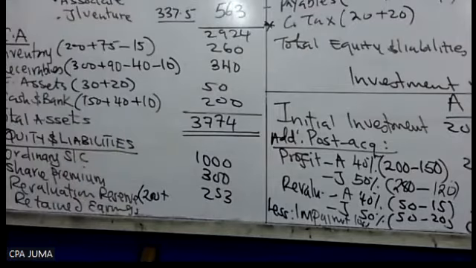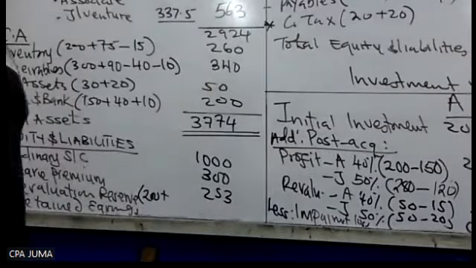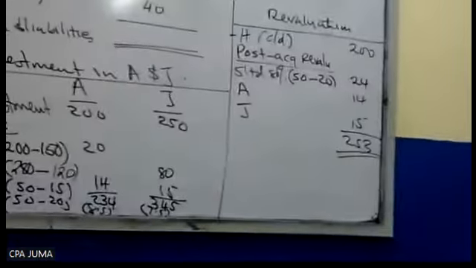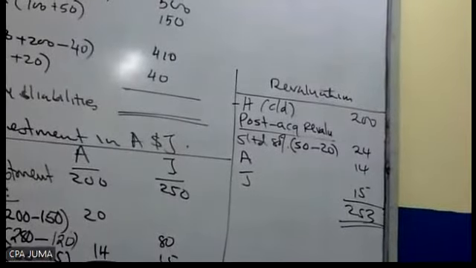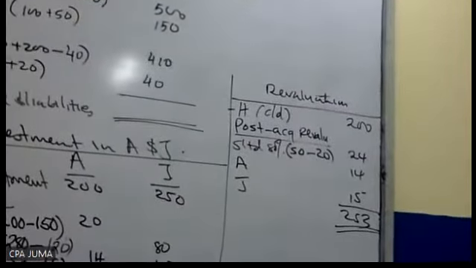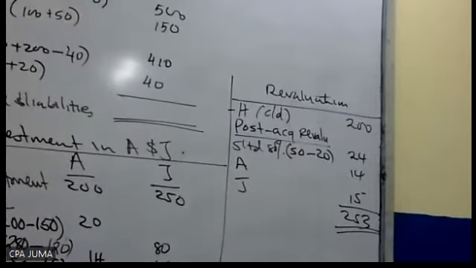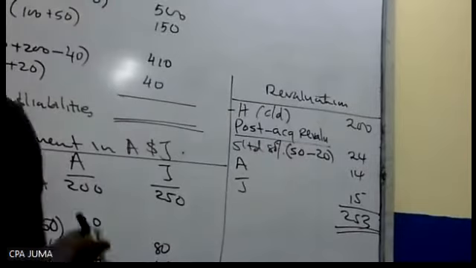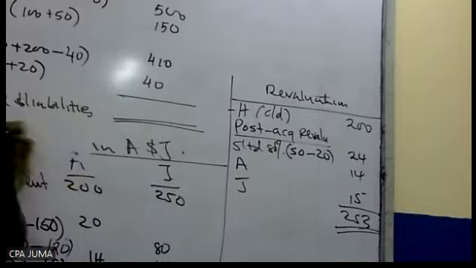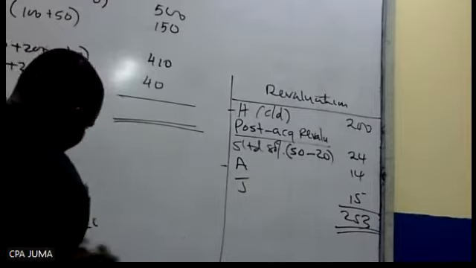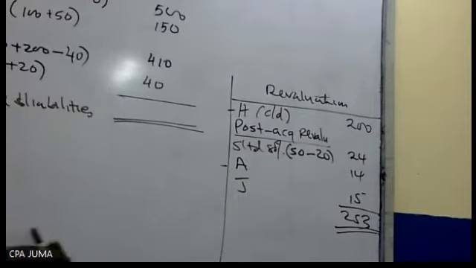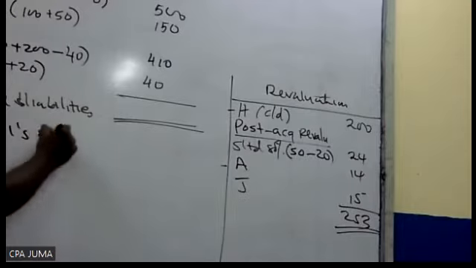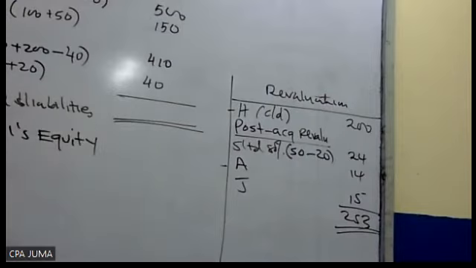Which one do you want us to work first? Your NCI. Must we always go to workings? The fair value. Yes, on acquisition 75, eh? Then we just have to comply. Let's do a working for NCI. So NCI's equity.